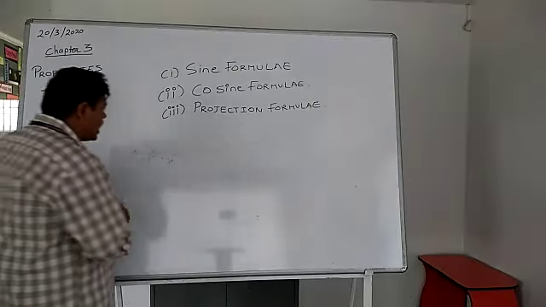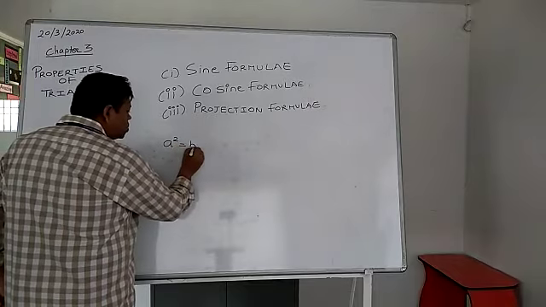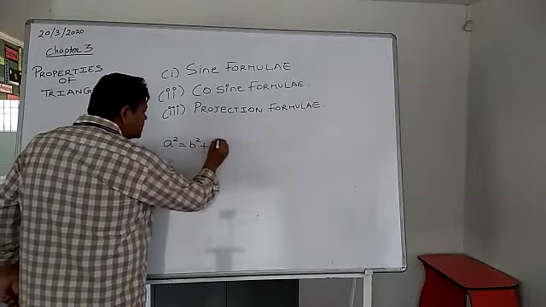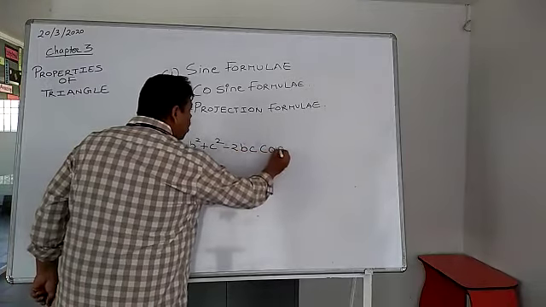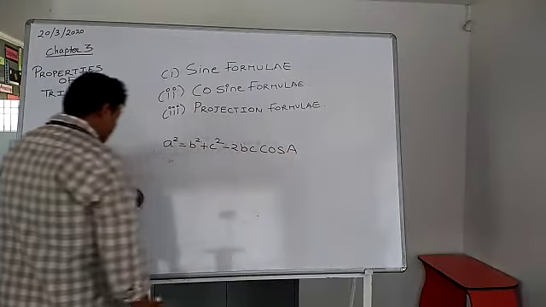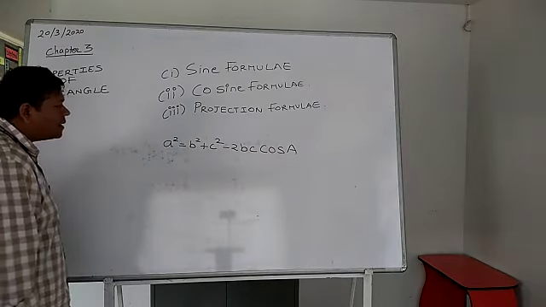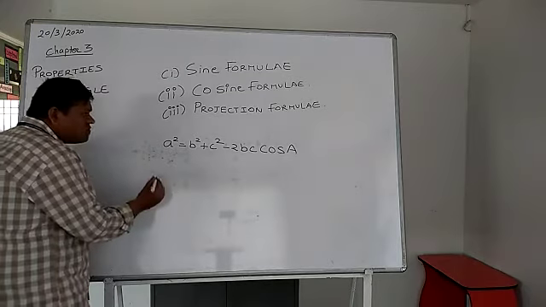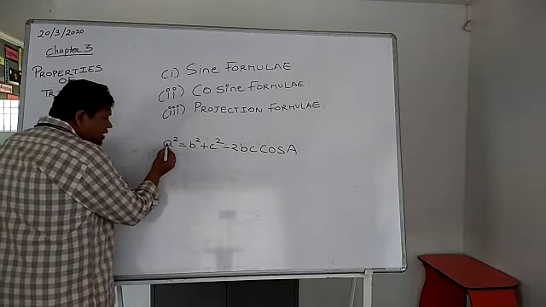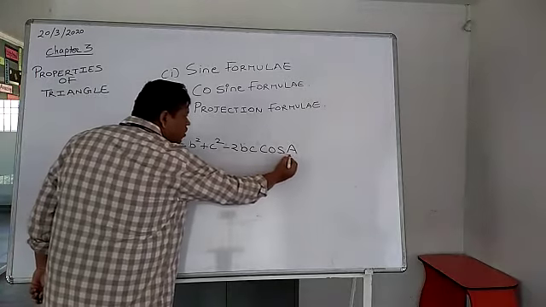That is, it goes like this: a square is equal to b square plus c square minus 2bc cos A. You can figure out very clearly that it involves all three sides and one of the angles of the triangle.